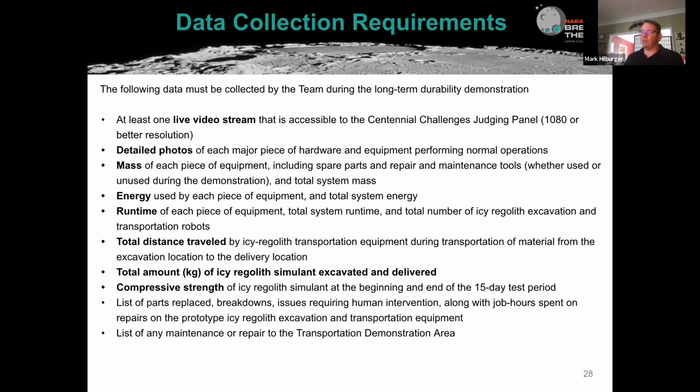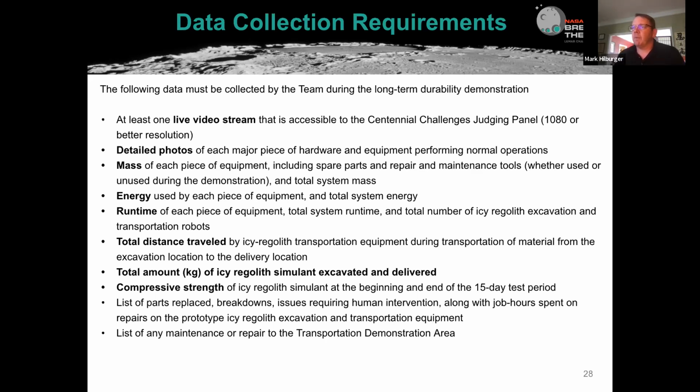Mass of each piece of equipment, including all the spare parts and repair and maintenance tools, whether used or not during the demonstration, and a total system mass. Also, measuring the energy used by each piece of equipment and total system energy during durability demonstration. Runtime for each piece of equipment. Total distance traveled by the transportation equipment. Total amount of icy regolith simulant excavated and delivered.